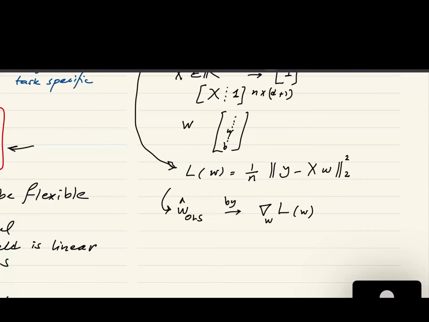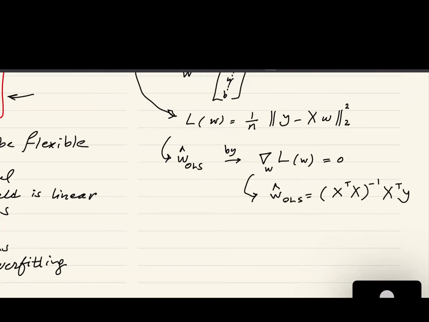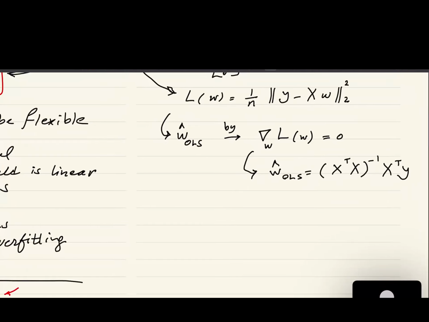To do that, we took the gradient and forced it to be 0, and we found the W that satisfies this equation. In the linear case, this can be done analytically. This is nice, a closed-form analytic equation. We can solve this for small data sets and when a linear function is a good function.